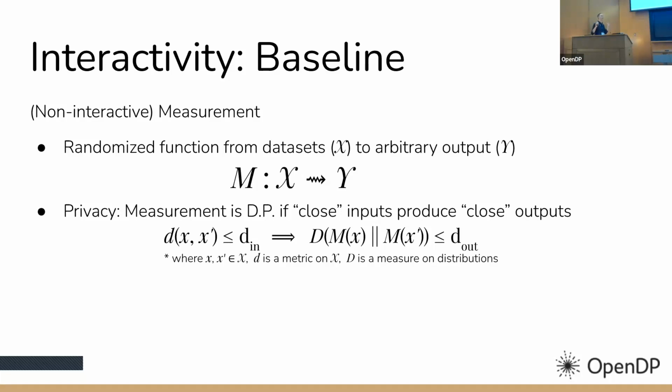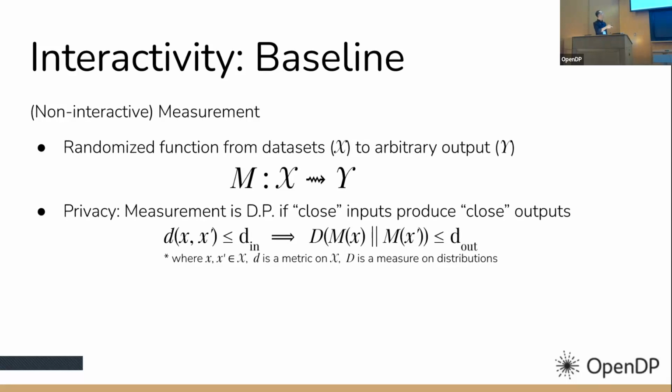And so we characterize the privacy of measurements by talking about closeness. The intuition is that if you can say that close inputs to a function, that is, things that might vary in a small amount, always produce close outputs, then that lets us claim that something is differentially private. This algorithm is definitional.